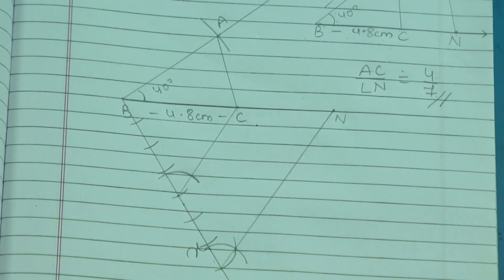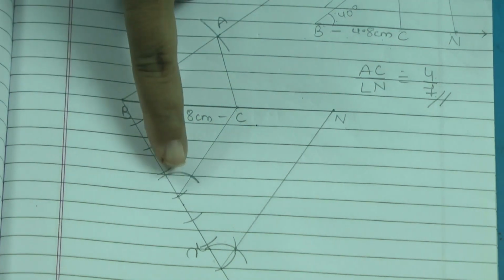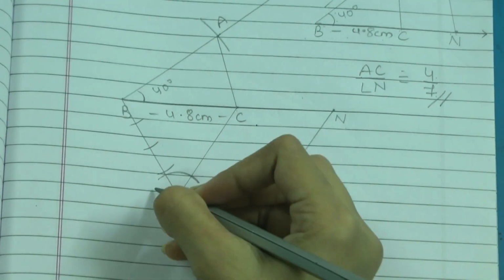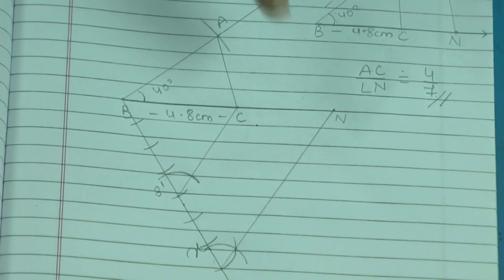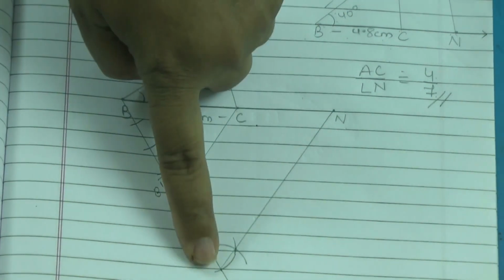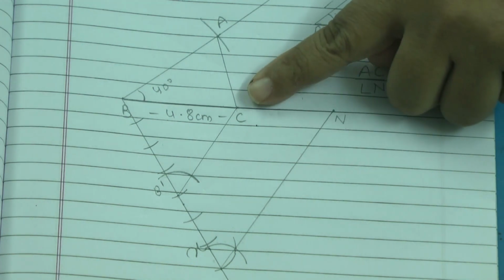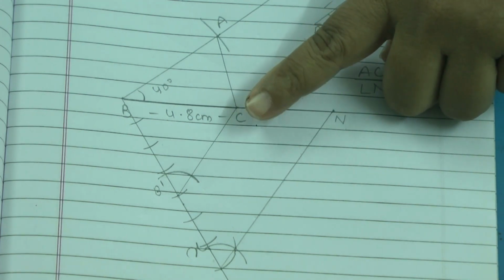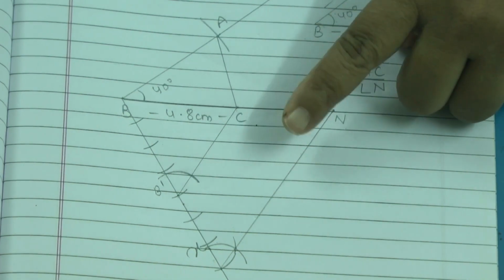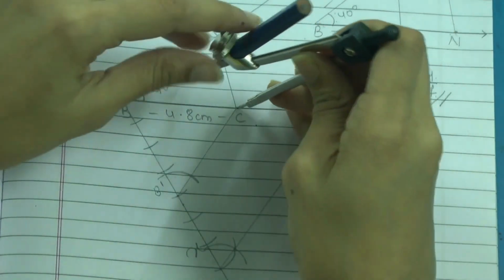Now line CB dash is parallel to NX. Similarly, at the top above the line BC, we have got an angle C here. We will be drawing an equal angle to C at point N, because for parallel lines, corresponding angles are equal.